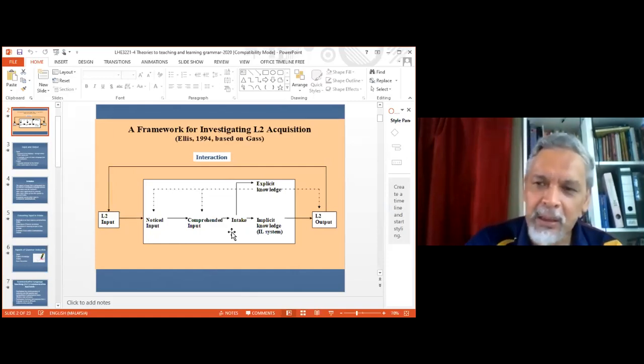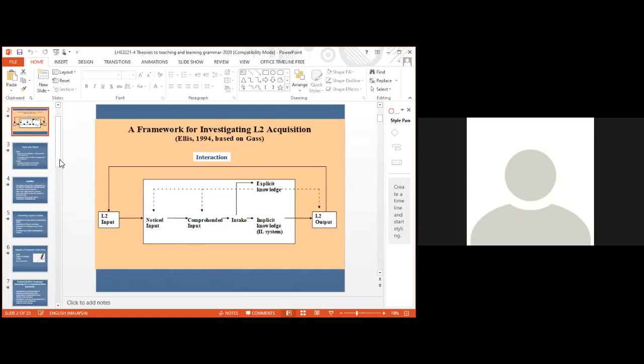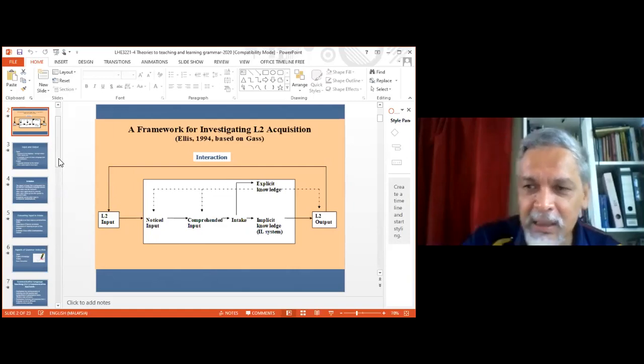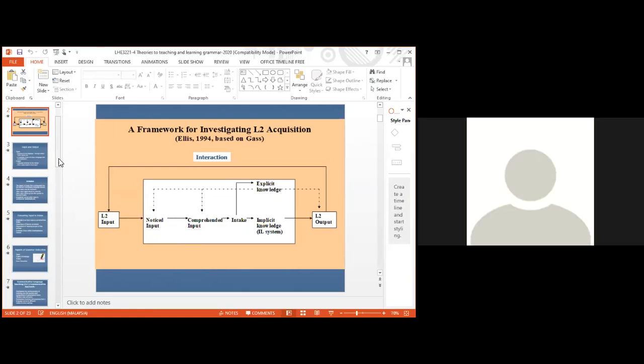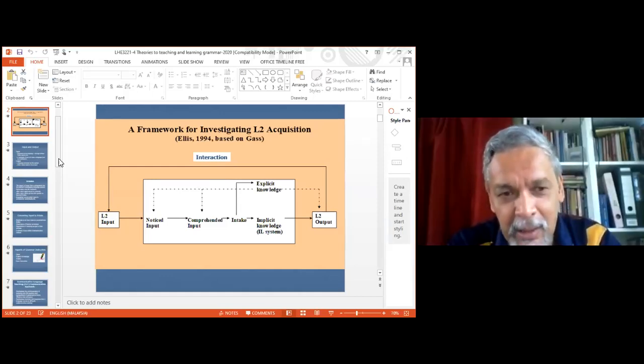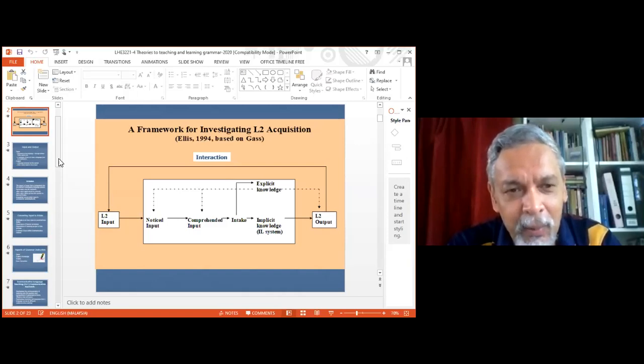Okay. So has anybody heard of Selinker and interlanguage? Has anybody heard of those terms? Interlanguage? No. Selinker? No. Okay. So sometime back there was this theory which is called interlanguage.